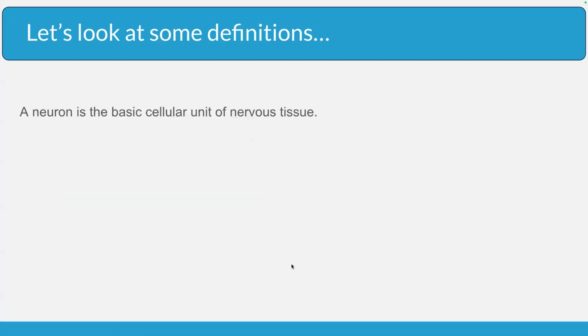So okay, I think this is the last one, you guys. A neuron is the basic cellular unit of the nervous system. It is a very short sentence, and yet it has some issues.